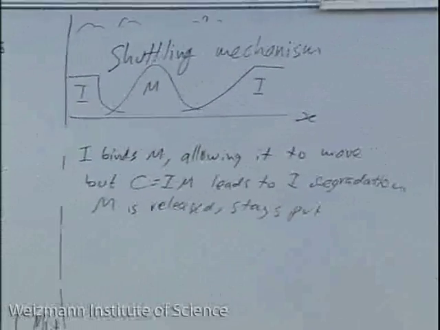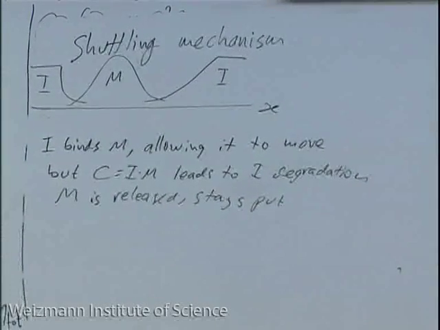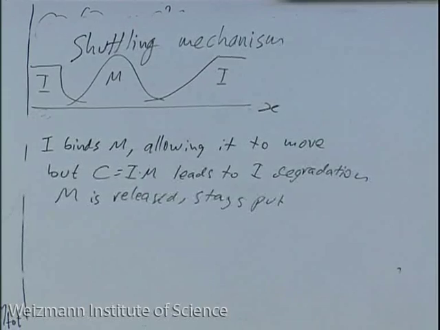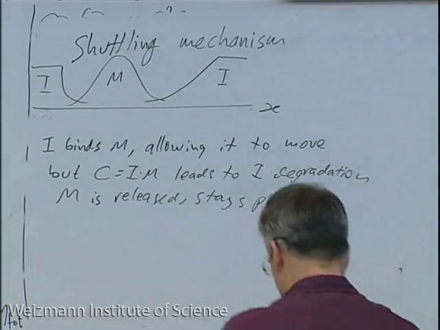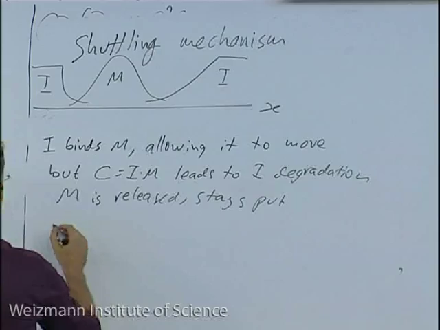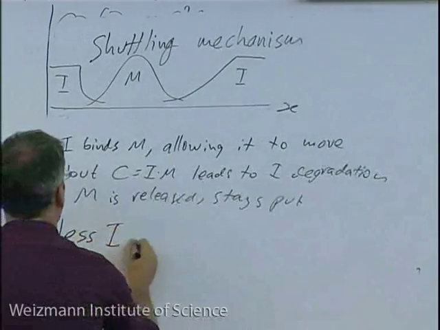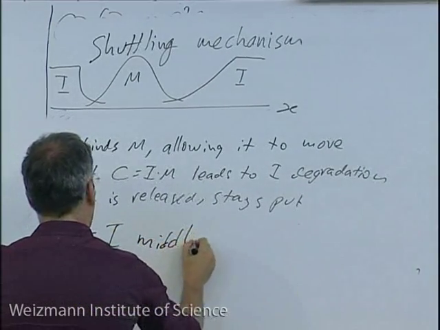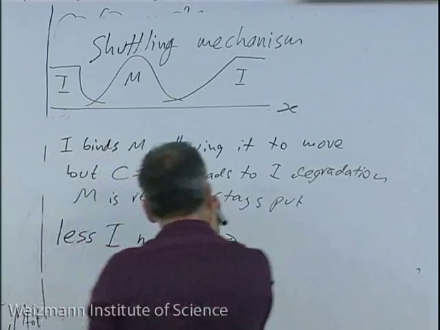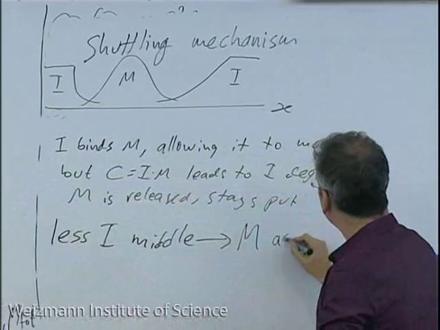I wrote down a better explanation. The less I there is in the middle, the more M accumulates.